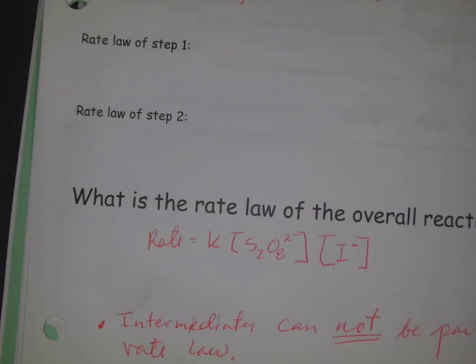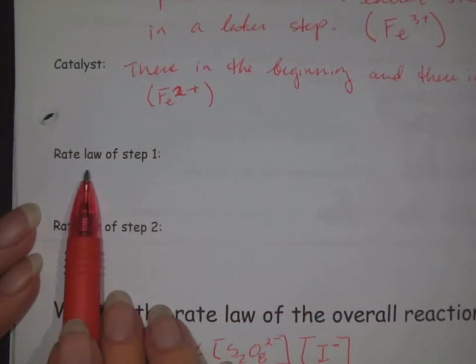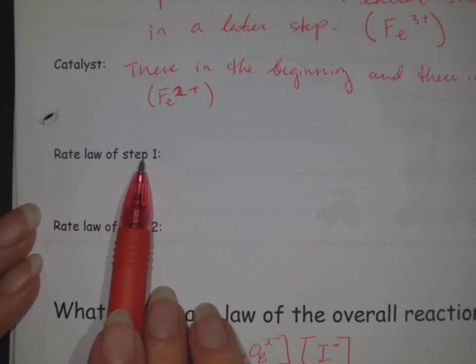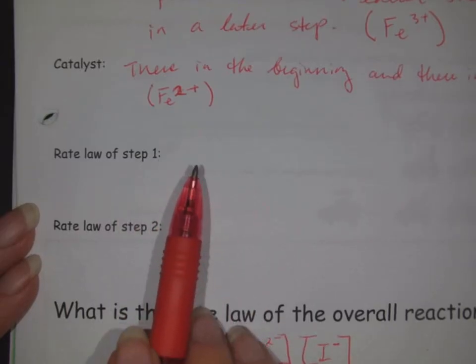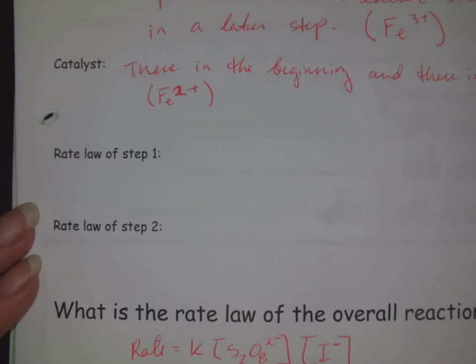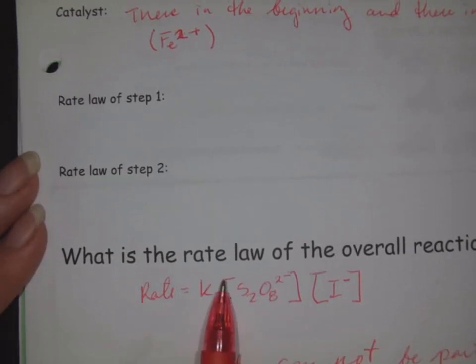Now, what's really cool about this is that for individual steps, for individual mechanisms, you can write the rate law of these individual mechanisms, and you don't need experimental evidence to do it. But this only works for individual steps. It doesn't work for the overall.